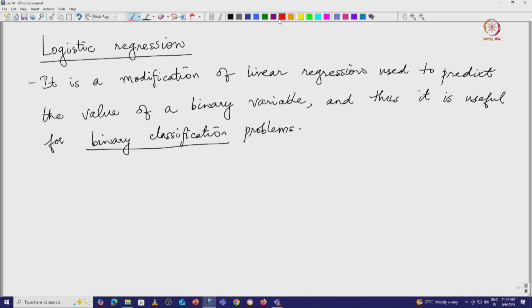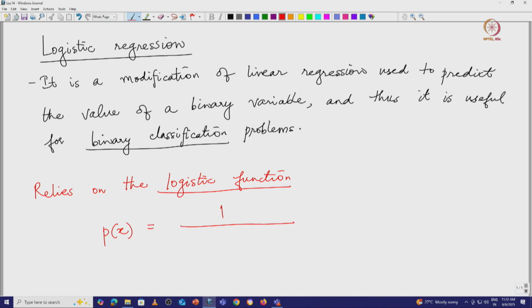So, this logistic regression relies on a function which is known as the logistic function, and that is why the name is logistic regression. This logistic function is defined as follows: p of x equals 1 divided by 1 plus exponent of minus (x minus alpha) by gamma.